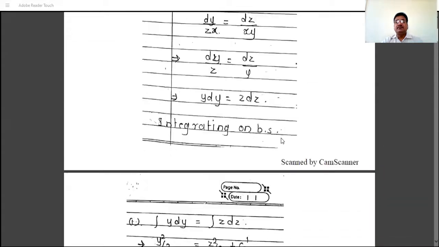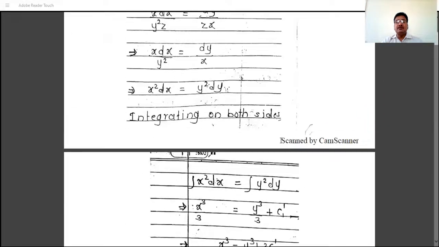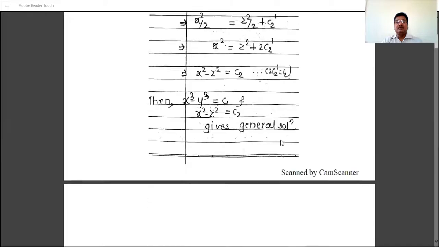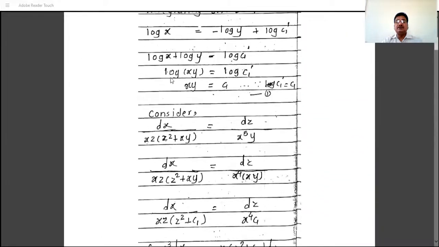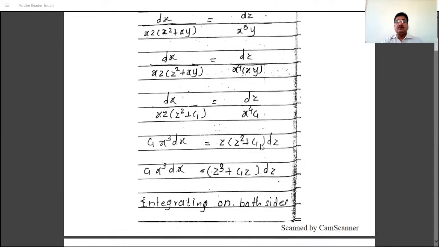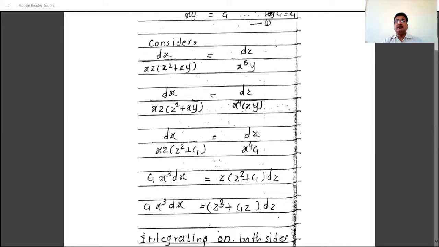So here the first solution is x into y is equal to c1. So substitute here x into y as c1, and then we have c1 x cubed dx, and that is a y variable. So x into y as c1, and therefore this becomes a differential equation in two variables, dx and dz.